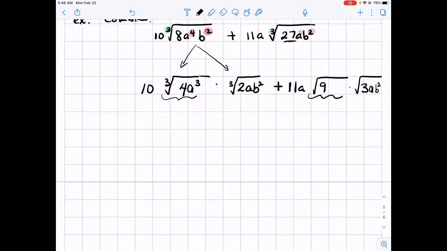Okay? So we have the 10 stays, okay? Made a mistake here because we're talking about cube root. So yes, I didn't observe that we're talking about cube root here. So this here is not correct because we don't know the cube root of 4.